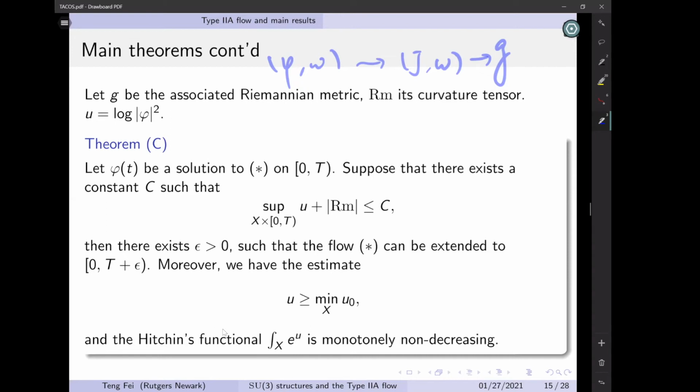Okay, so our third theorem gives us a criterion for when our flow can be continued.